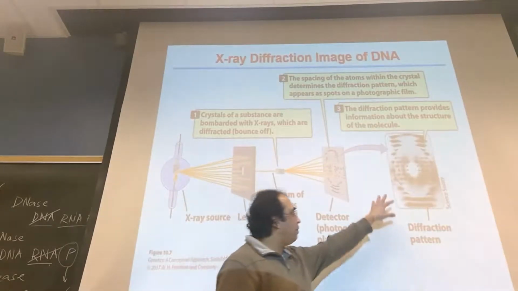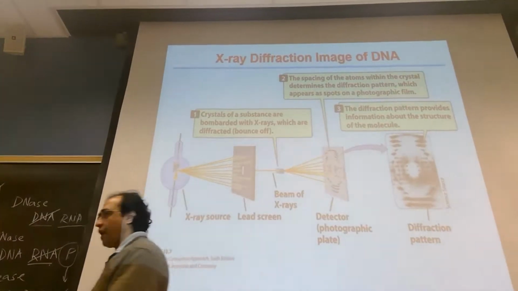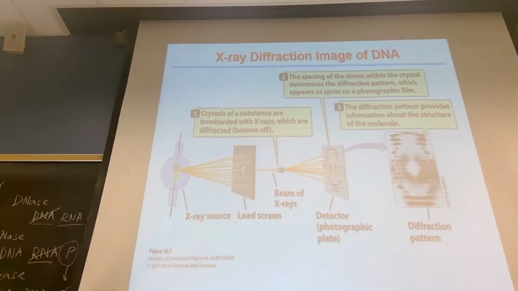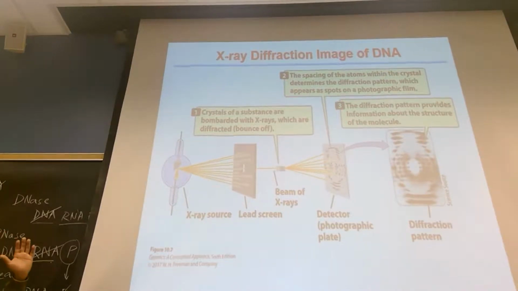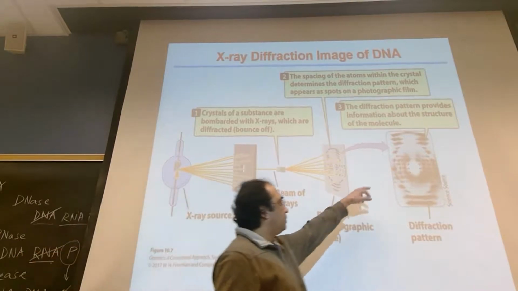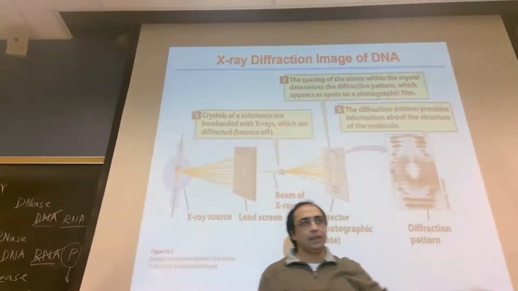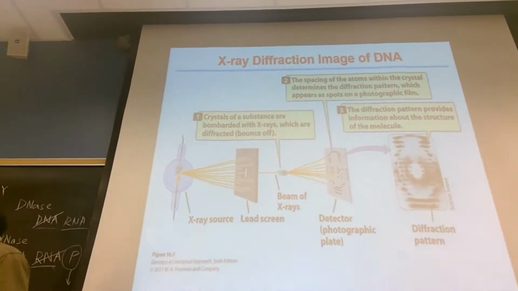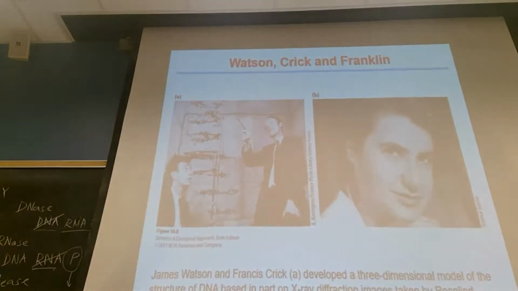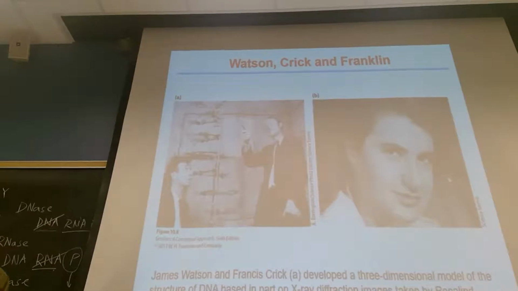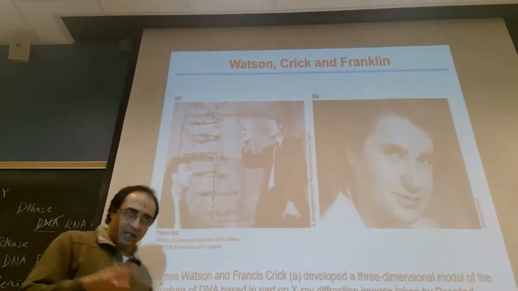And from this image, actually, what Franklin got, she has found that there are some similar structure in both areas. There are two strands like things, and they have more or less similar structures. This pattern. Okay, that is the first thing she discovered. But she didn't get that recognition.